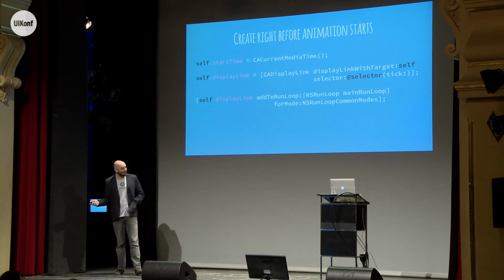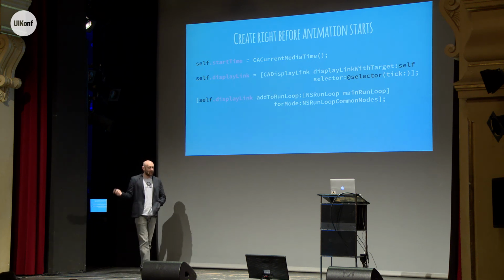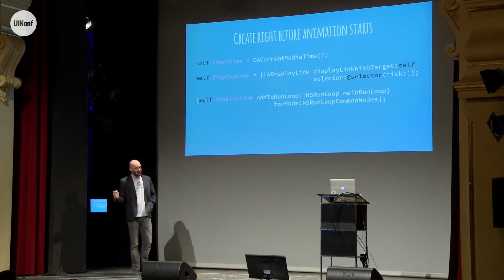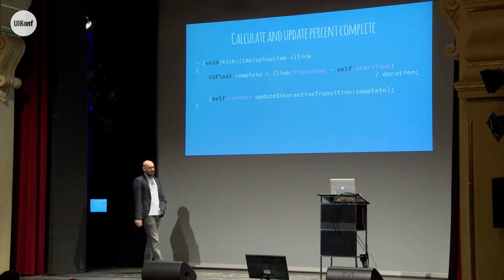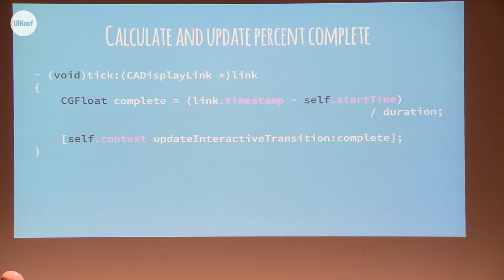Before your animation starts, that initial animation, you want to save off the current media time. We're going to use that later. Create the display link and add it to the run loop, which gets it started. Then our animation's running, and this is getting called 60 times a second, hopefully. We just update the interactive transition with our computed percentage completed, somewhere between 0 and 1, right?